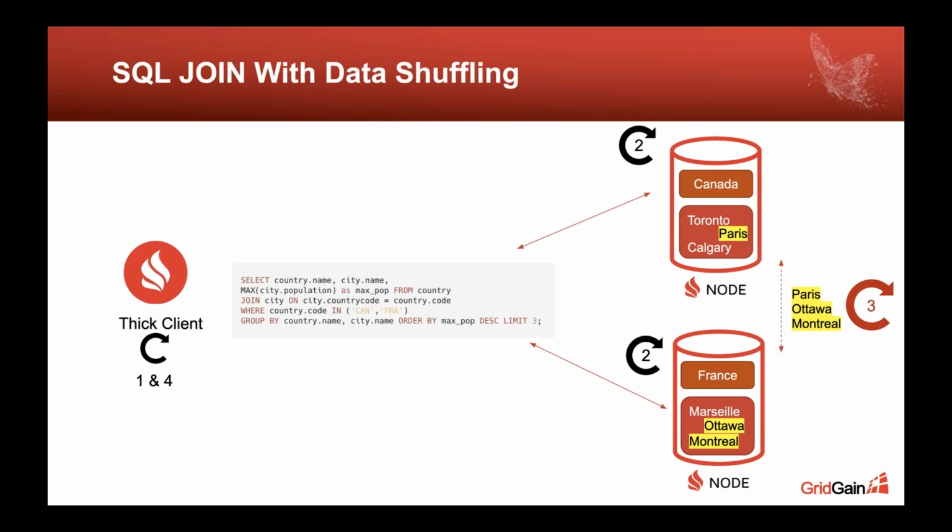With this tiny small database, it's not a big deal because you would be moving only 3 records, but imagine that you're trying to join tables with, let's say, hundreds of thousands of records. And if you start moving those hundreds of thousands of records over the wire, if you enforce the data shuffling, you can lose the benefits of your in-memory cluster because the network is slow.